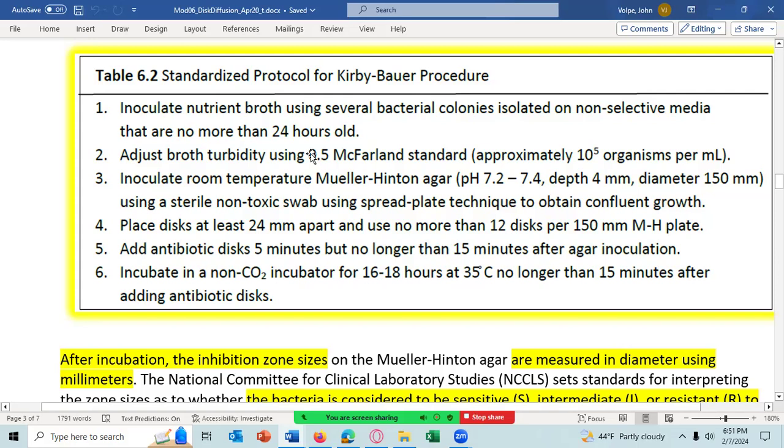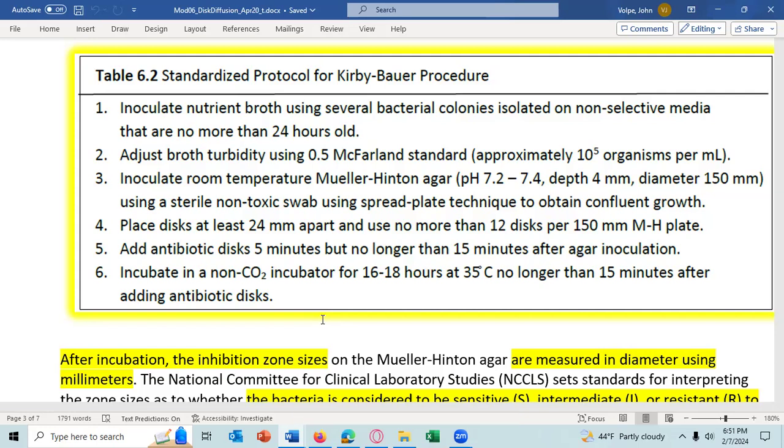So these are all the standard protocols we use to ensure that only the bacteria will affect the size of the zone of inhibition.